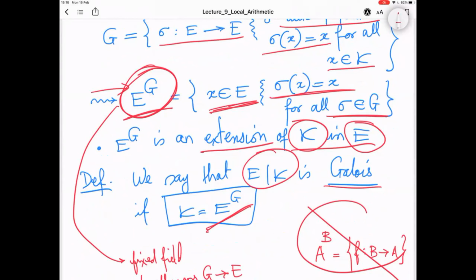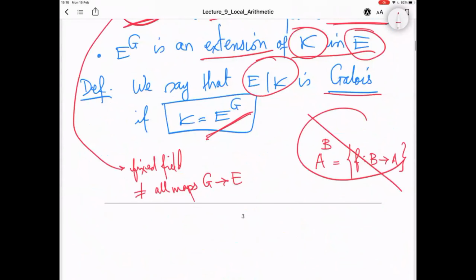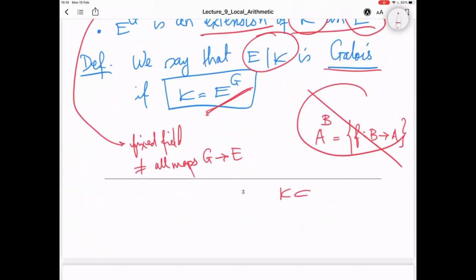So what you normally have, as I said here, is that K is contained in E^G, which is contained in E. So if you have equality here, then you say that this extension is Galois.